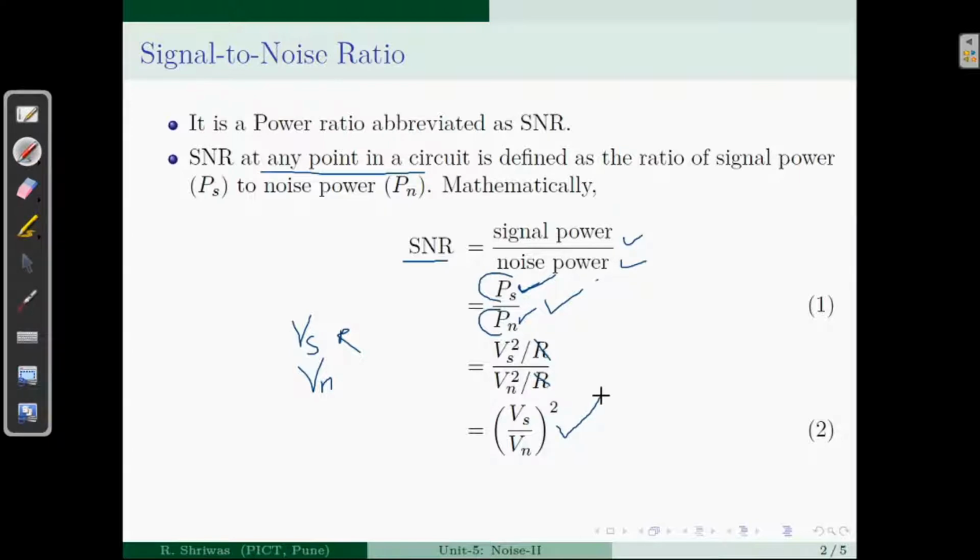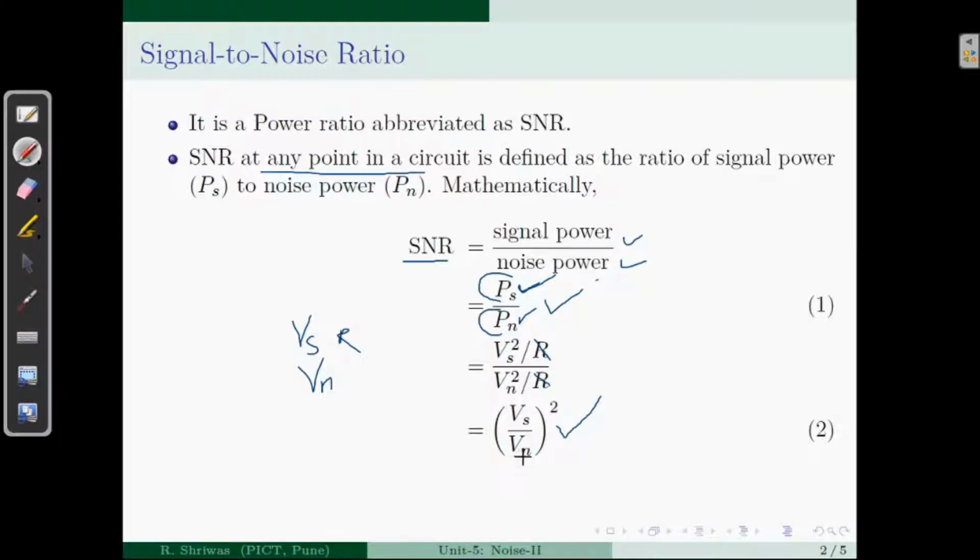One thing to be noted here, as I said, Vs is the RMS signal voltage and Vn is the RMS noise voltage. But if you take the signal voltage as a peak signal voltage and the noise voltage as a peak noise voltage, then also the SNR will not change. It will give the same result.